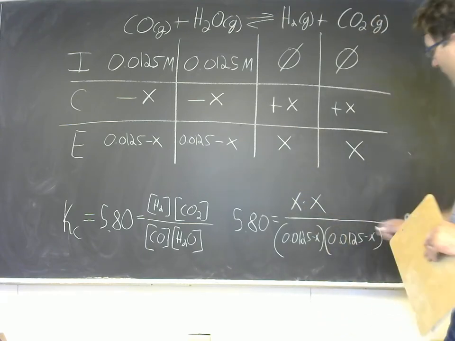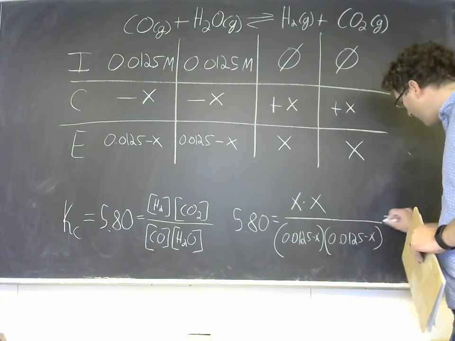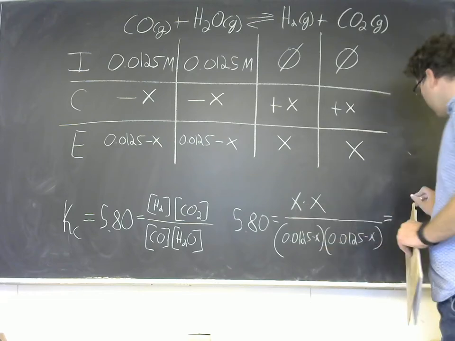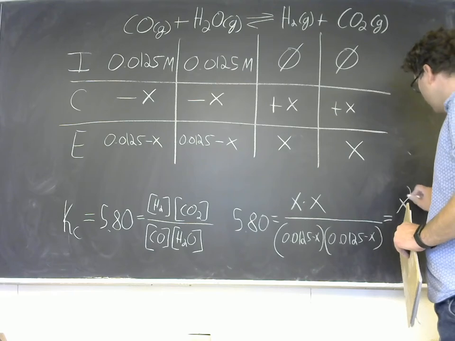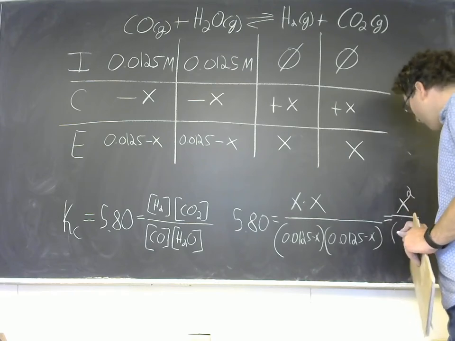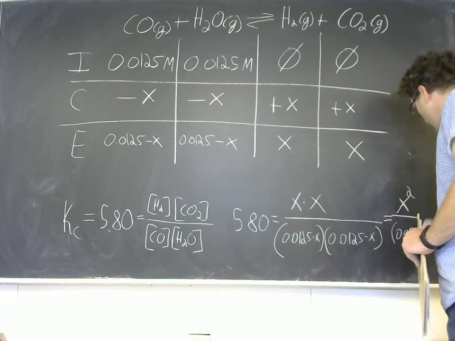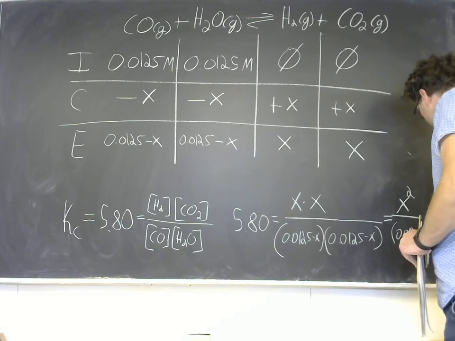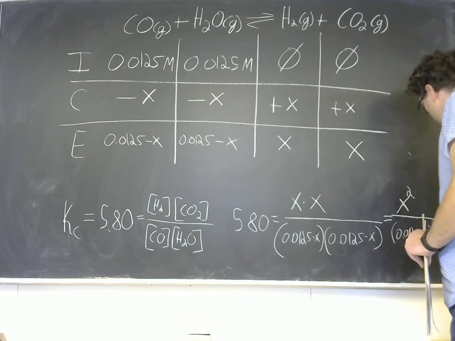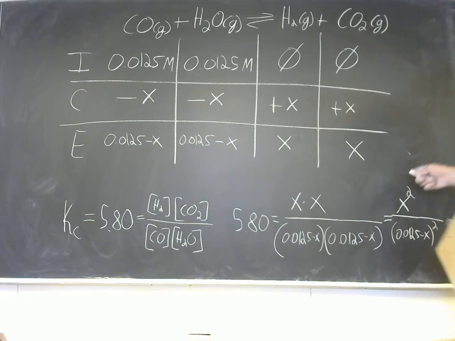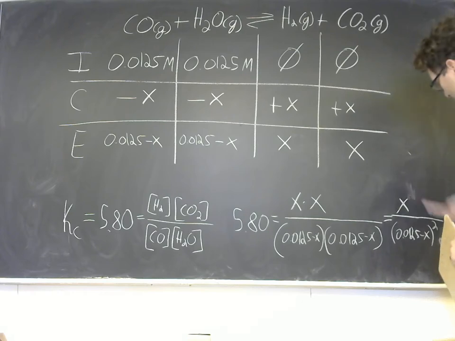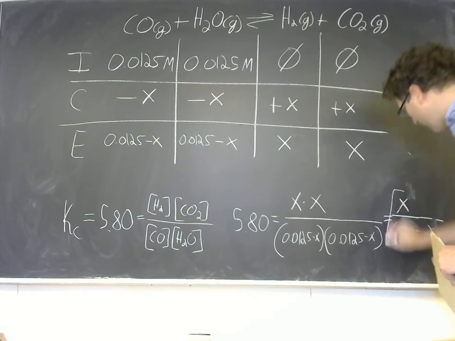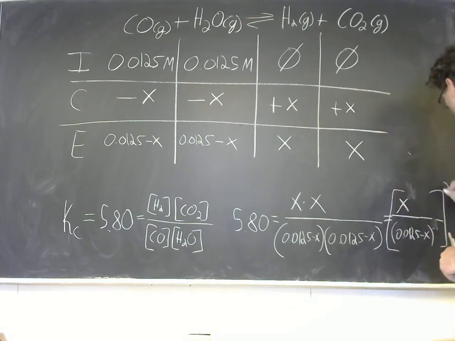In this case, we can look at it and rewrite this right side as x squared over (0.0125 minus x) squared. And we can take the square root of both sides now. Because both the numerator and the denominator are squared, we could rewrite this as that whole quantity squared.